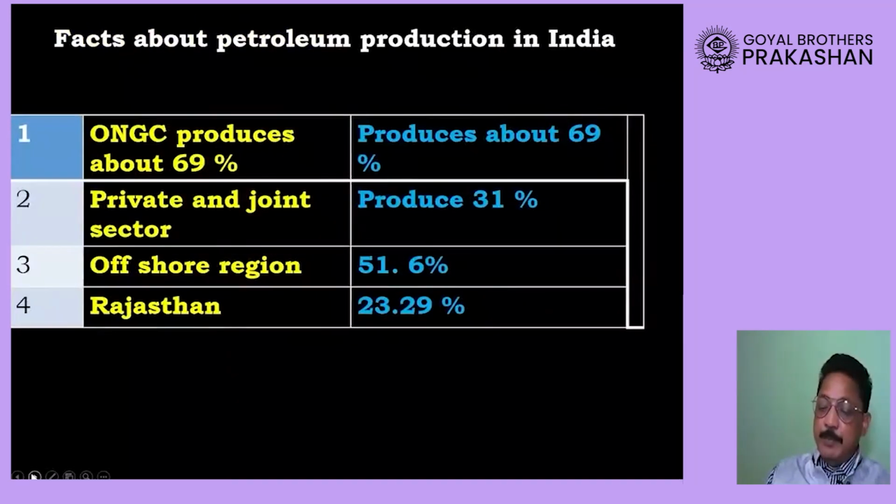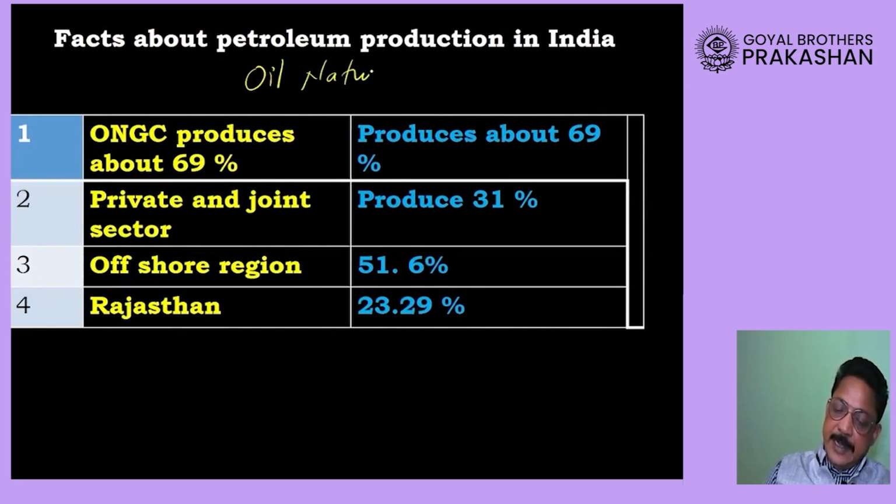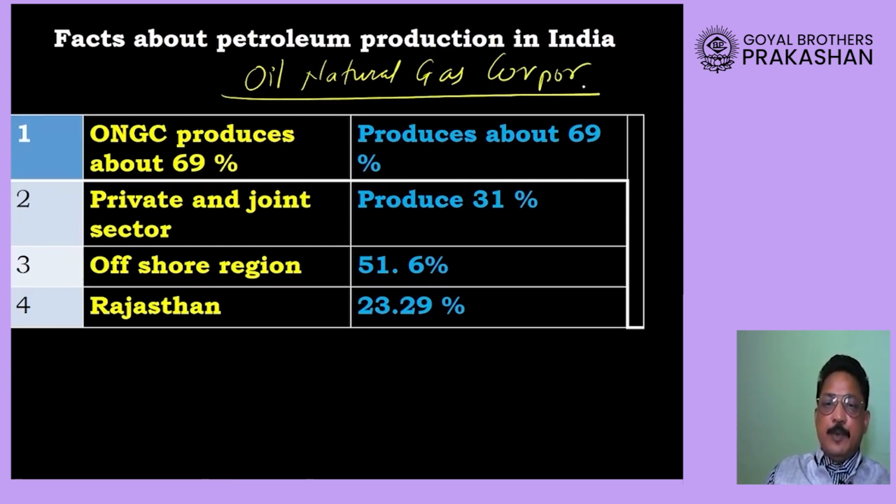Now a few important facts, please remember. ONGC stands for Oil and Natural Gas Corporation. This ONGC is a government body, and they produce around 69% of petroleum for our country. The private sector, like Reliance, is also given a contract.